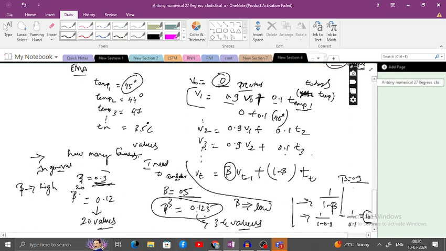Similarly, 1 by 0.5 is how much? 1 by 1 by 2, which is 2. How many values will I consider? 2. My statement is correct, right? What is my statement?